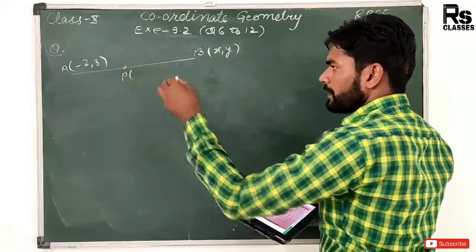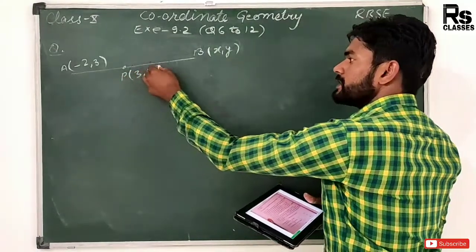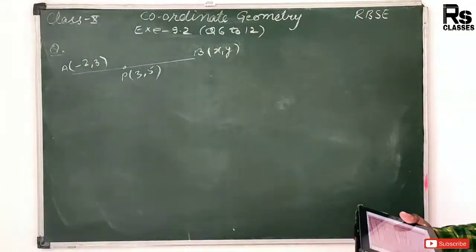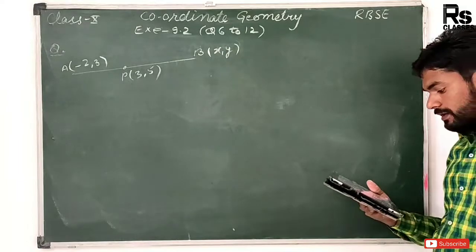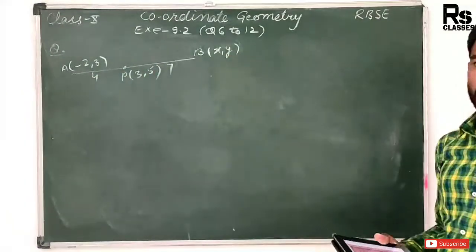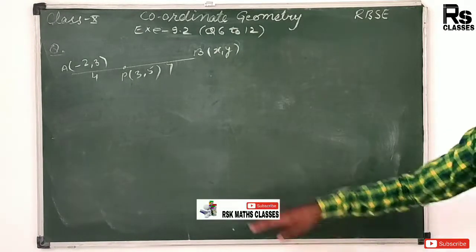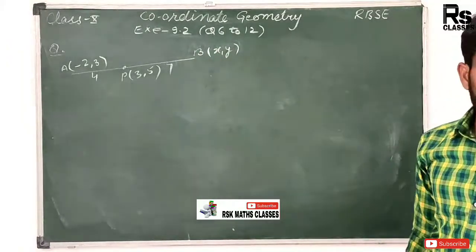The coordinates of the point P are (3, 5). This point P divides AB in the ratio 4 ratio 7 internally. So find the values of x and y. It means we have to calculate the coordinates of the point B.